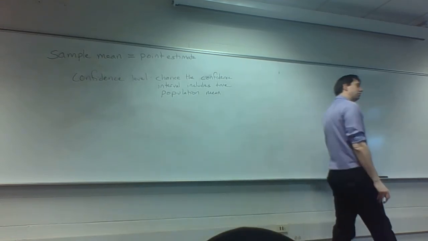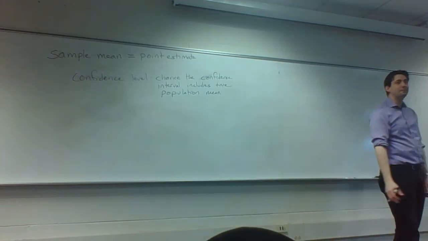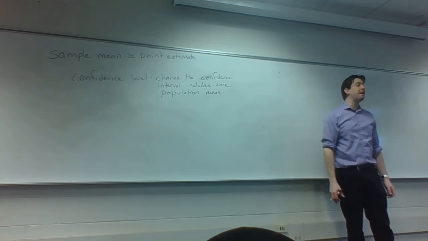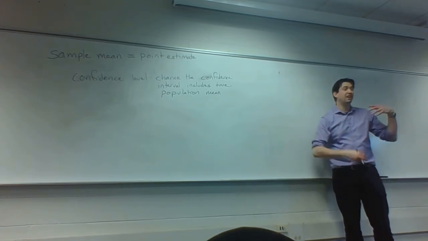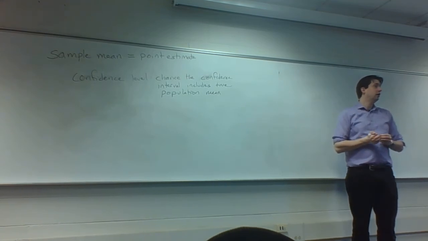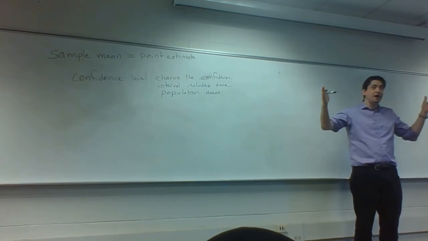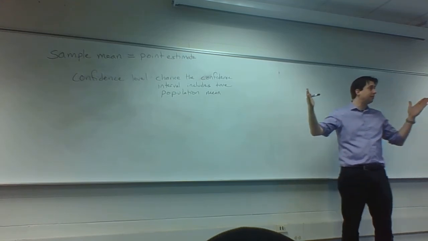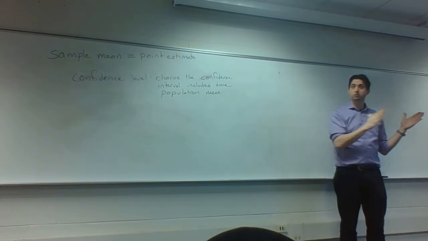If you've ever heard phrases like 90% confidence, or 99% confidence, or 95% confidence, that's what this is a reference to. Here's an interval. There's a 95% chance that the true population mean lies in this interval.